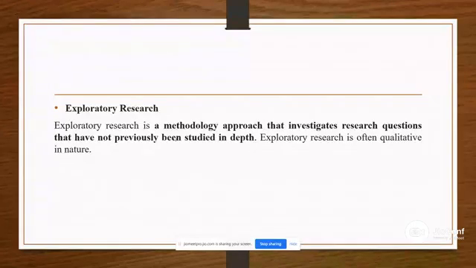So if you feel that your topic has not been previously studied, then you can go for such kind of research, which is exploratory research. If you see research on very new topics, like artificial intelligence, which has just recently started in the context of HR, or blockchain accounting in the context of HR, people are doing exploratory research. So it is a very new topic.